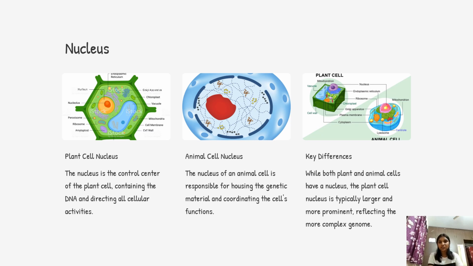And the key difference between these two is, while both plant and animal cells have the nucleus, the plant cell nucleus is typically larger and more prominent, reflecting a more complex genome.